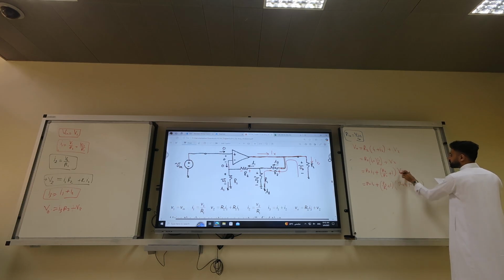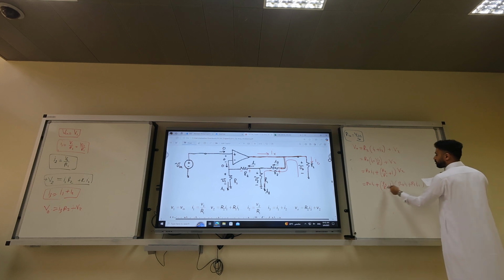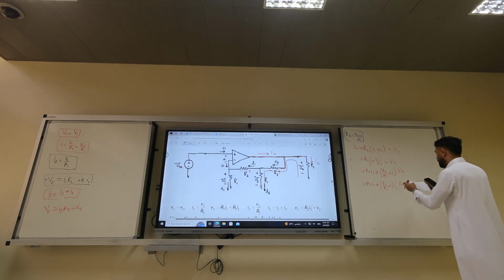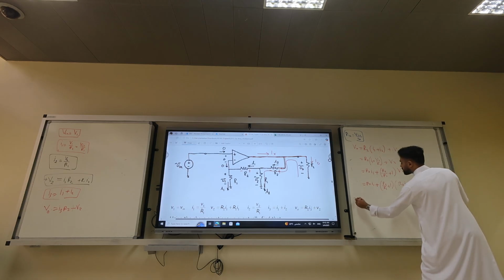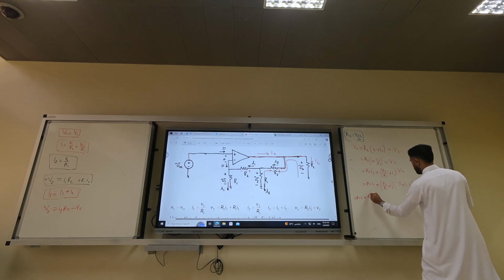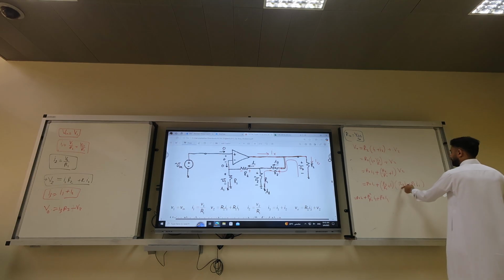The only thing I did was write V2 as a function of I1. So everything I have here is I1, all resistors and constants. So now it's going to be R2 I1 plus R2 squared over R1 I1 plus R2 I1. This times that, this times that.